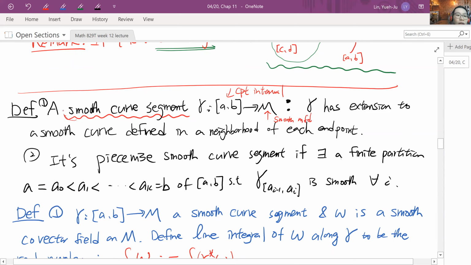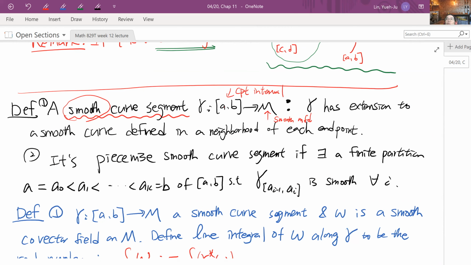And if it says smooth, curve segment means that you treat this map gamma as a smooth map between manifolds, and the ab here you should treat as a manifold with boundary, right?